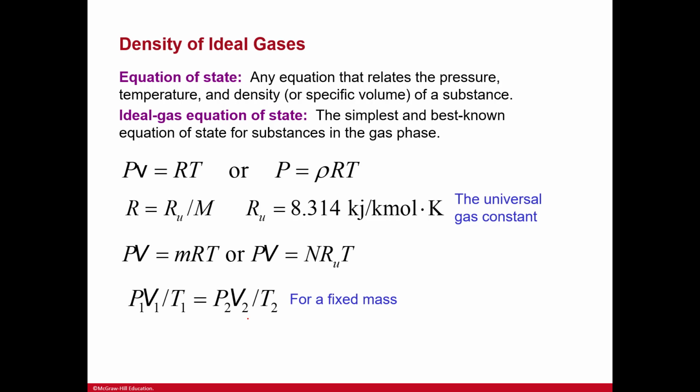The ideal gas equation of state is the simplest and best known equation of state for substances in a gas phase, and that is PV equals RT, or P equals rho RT, PV equals mRT, all kinds of forms. Just remember we do have a universal gas constant, R, and that's 8.314 kilojoules over kilomole times Kelvin.